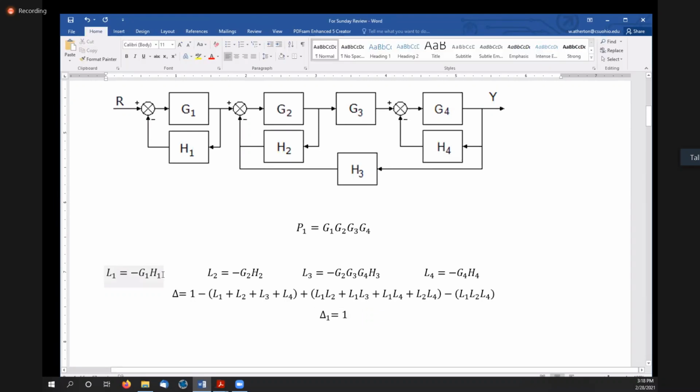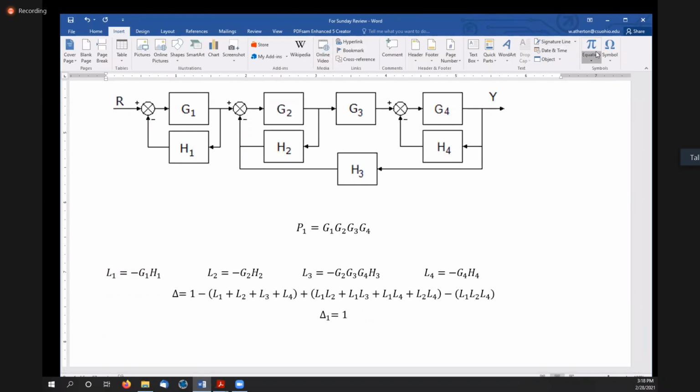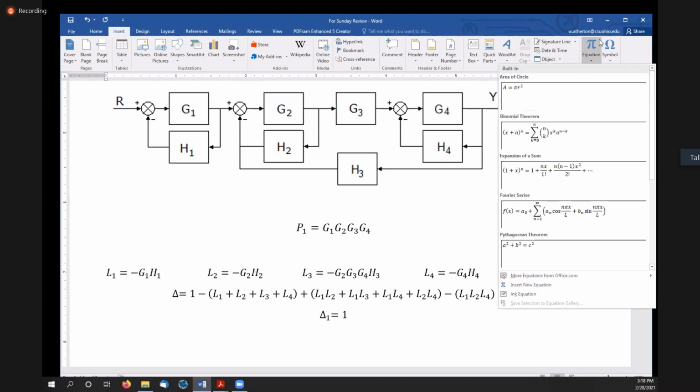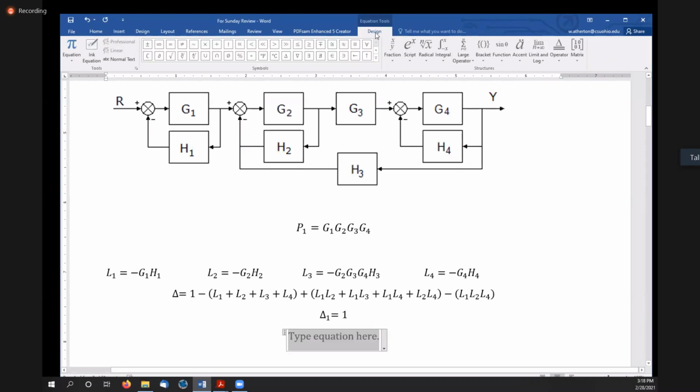So the transfer function, just give me an equation. There we go.